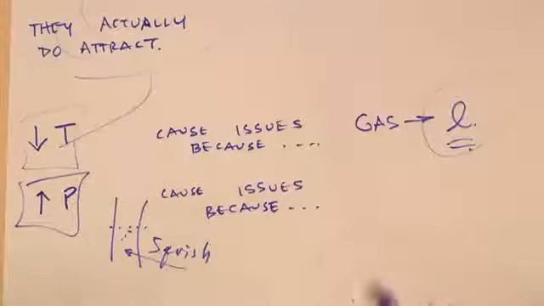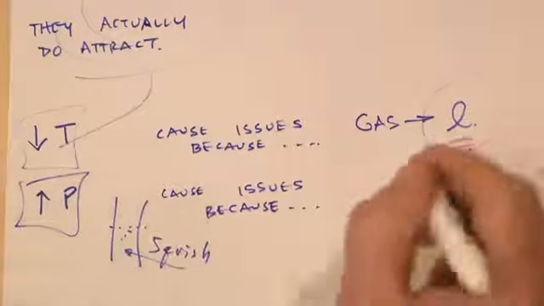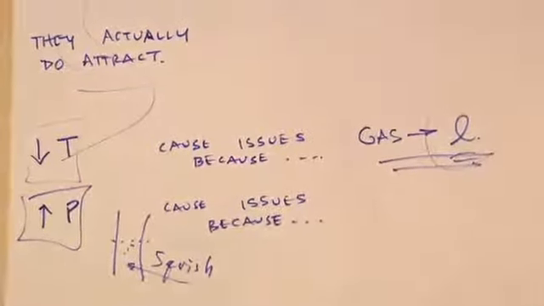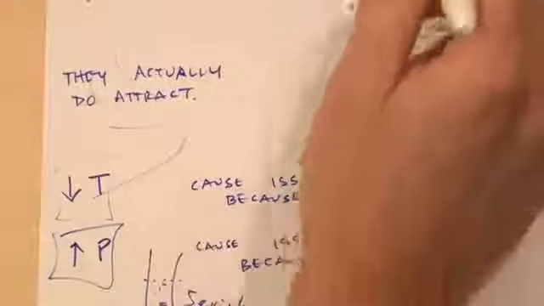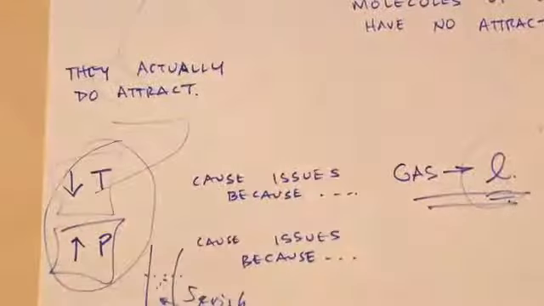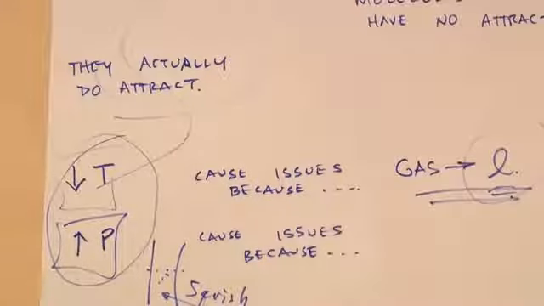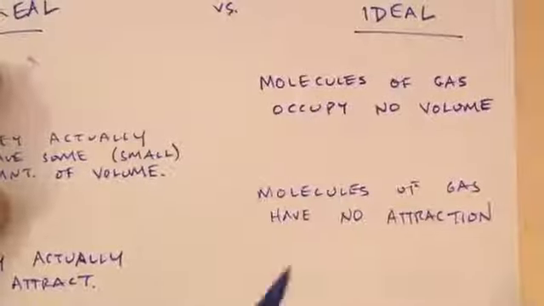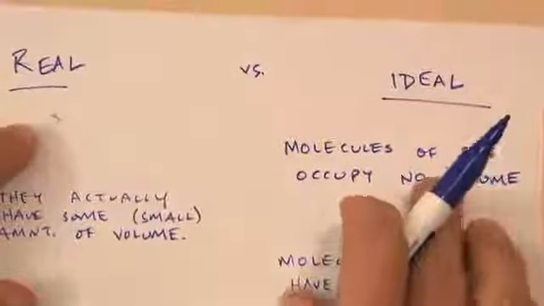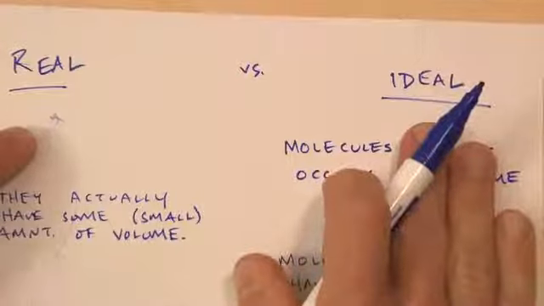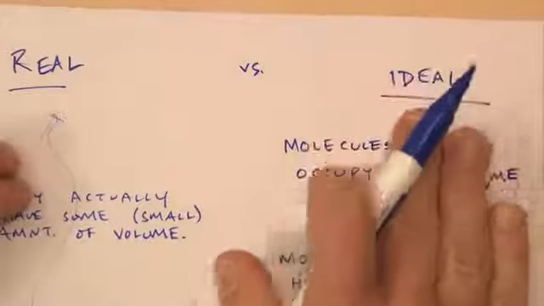The gas also, once it's squished, starts to become a liquid again, just like we talked about here. So gases become more real at very low temperatures and at really high pressures because they're no longer gases anymore. Those are the two things we need to look for to find out when gases deviate from ideal conditions.